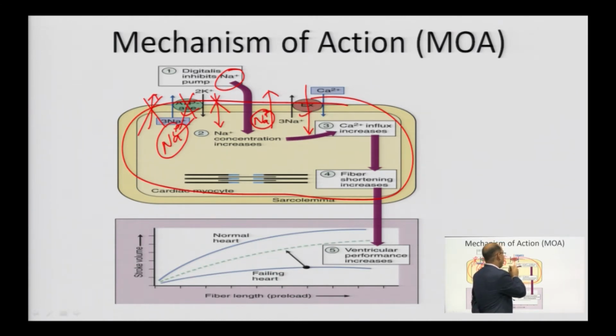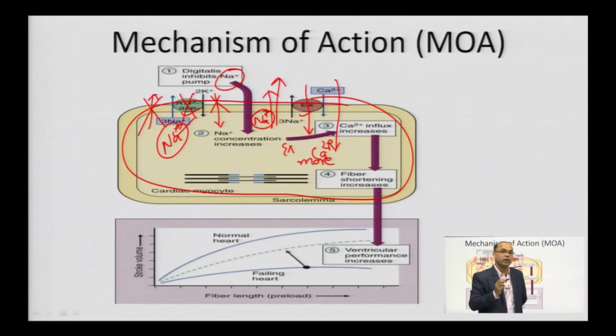So, what happens? Excess sodium goes out through this channel, and more calcium enters inside the cell. More calcium enters the cell in exchange for more sodium, because there is no potassium sodium exchange.